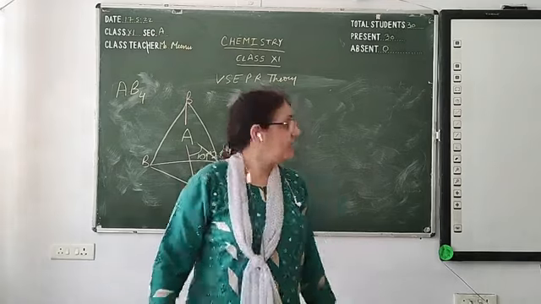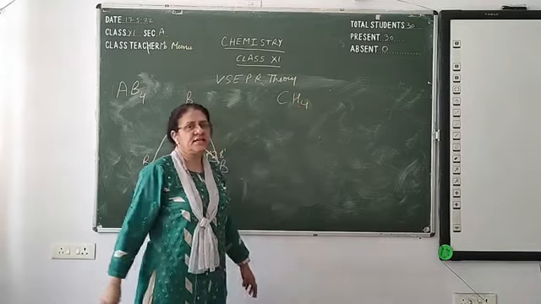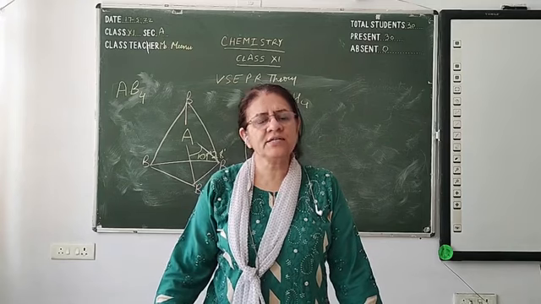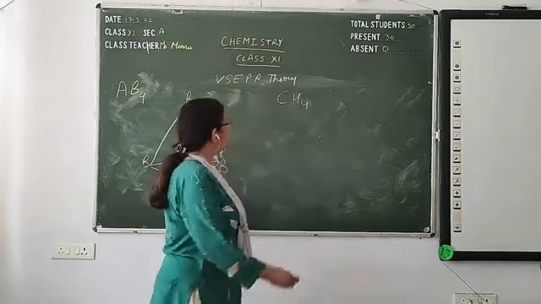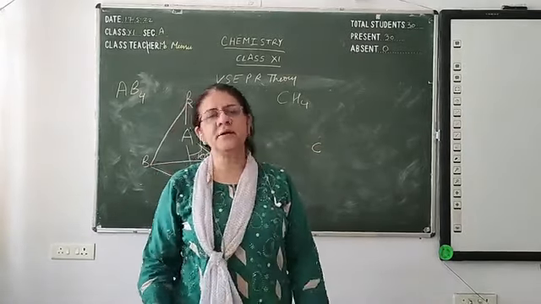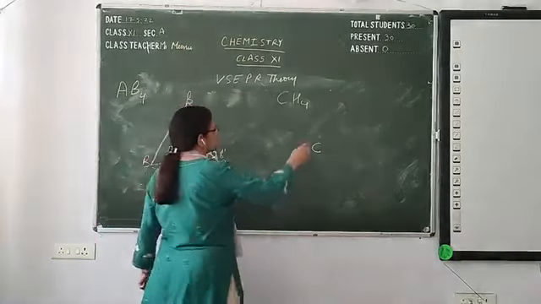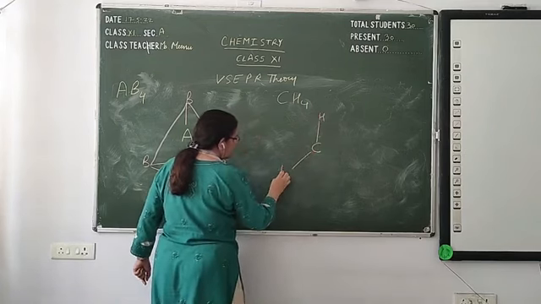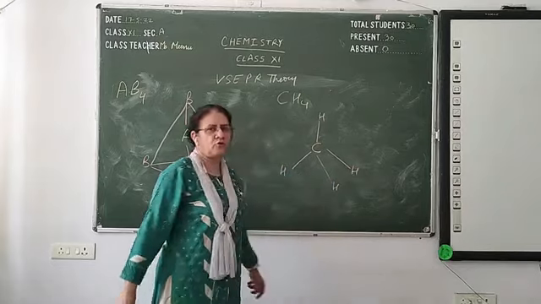Yes, correct. It is methane, or CH4. In case of methane, which is the central atom? The central atom is carbon, and carbon is surrounded by 1, 2, 3, 4 hydrogen atoms.